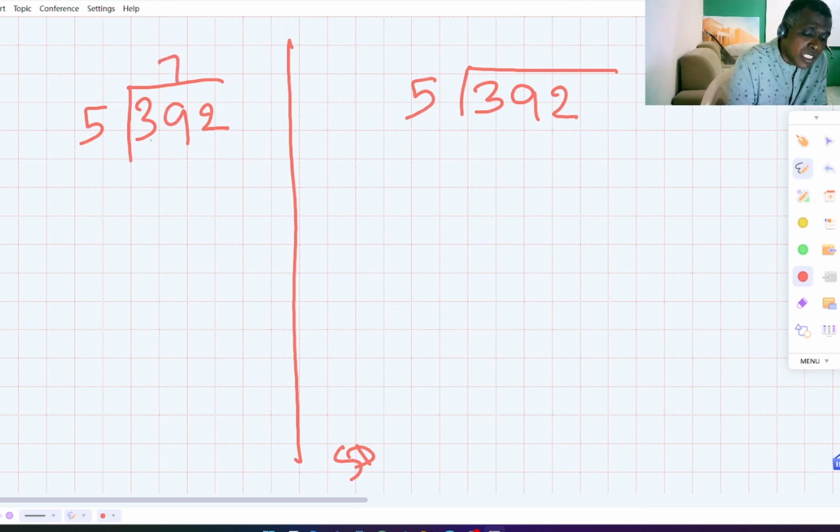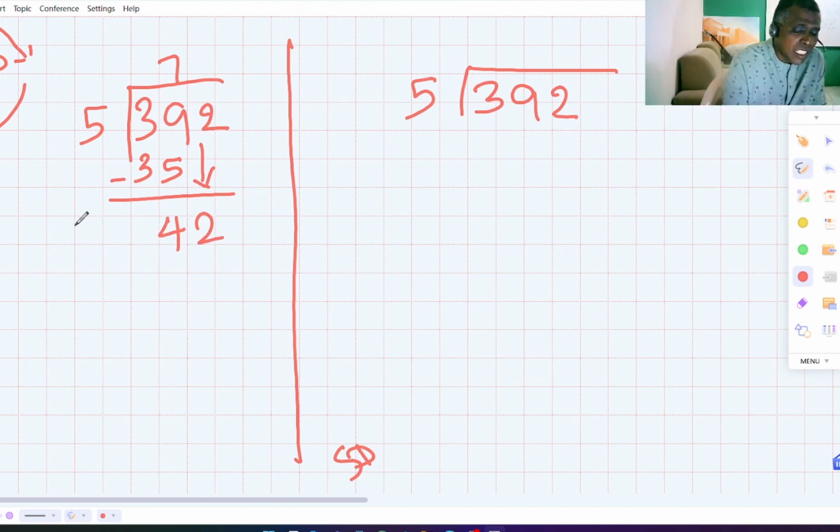7 times 5 is, first divide, multiply, subtract, take down and come to the front. 7 times 5 is 35. This is the long division method. Subtraction: 9 minus 5 is 4. Is there any number to bring down? Yes, 2. 42 divided by 5 is 8. 8 times 5 is 40. 9 times 5 is 45, so it's only 8. 8 times 5 is 40.